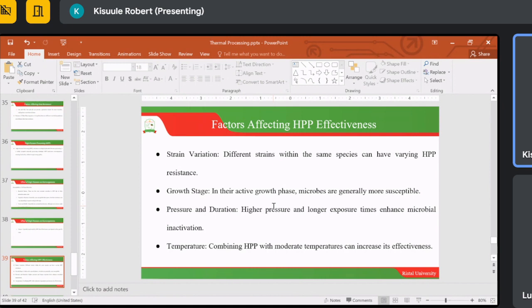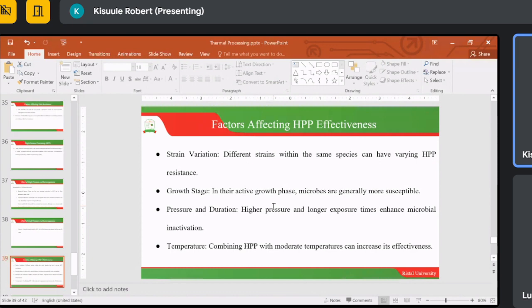It could be coupled with other methods that help us in eliminating those microbes, such as heat treatment. We are also looking at the food composition. The presence of solids, fats, or specific food components can influence the resistance to high pressure processing.